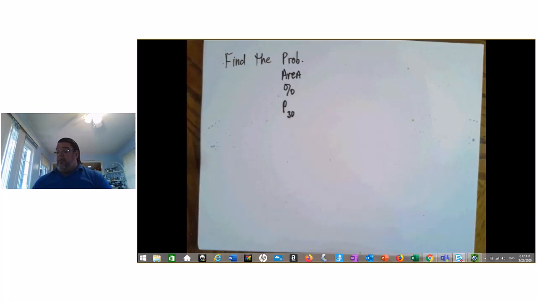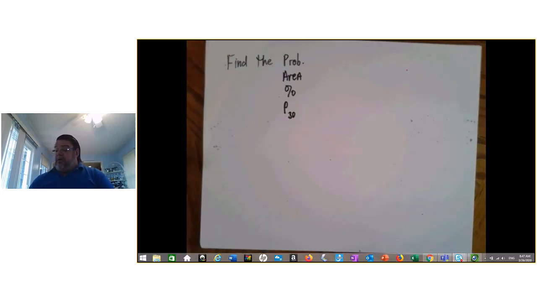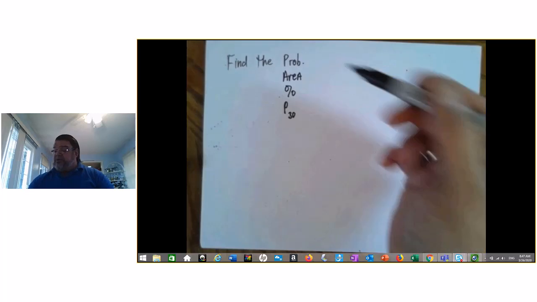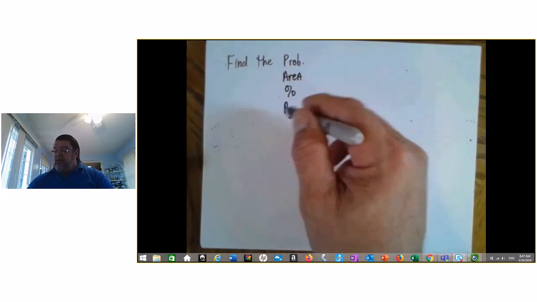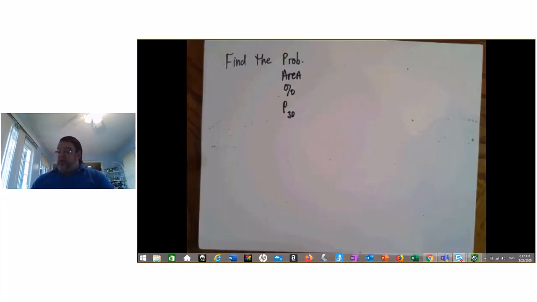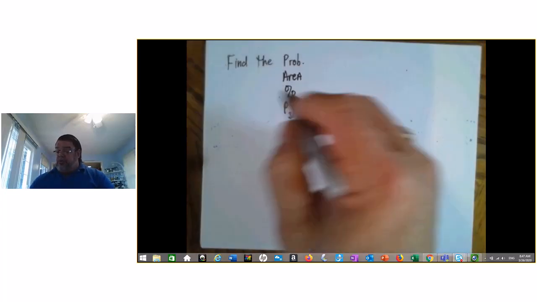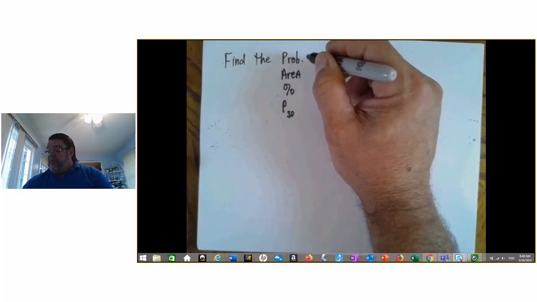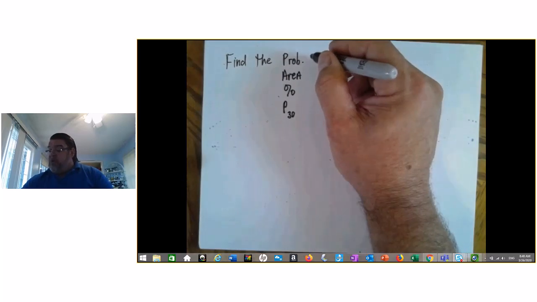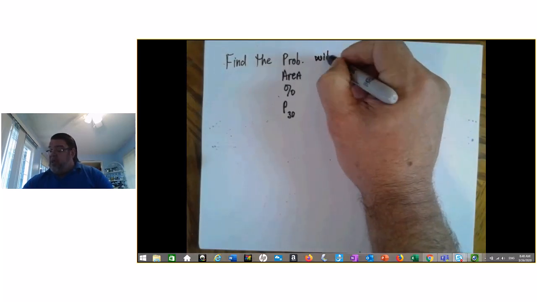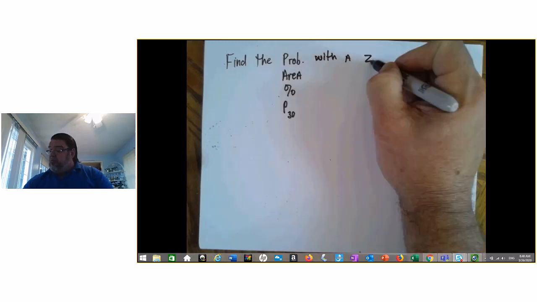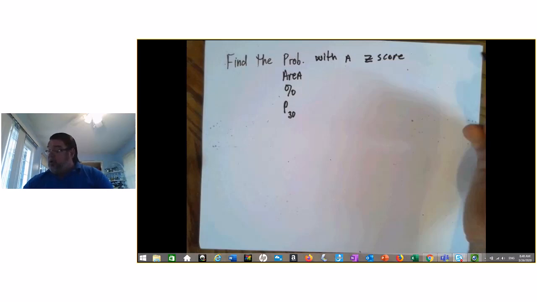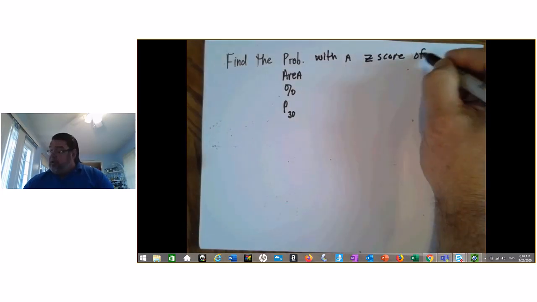All three could be in here: find the area, find the percentage, find the 30th percentile. Find the probability with a z-score, or it may say standard score, of 1.3.